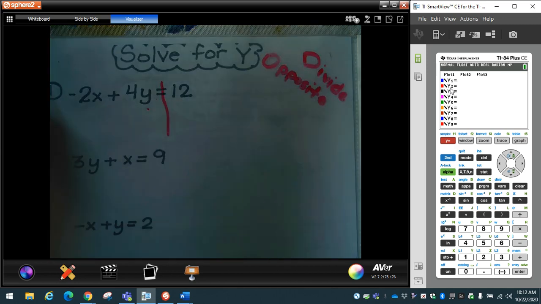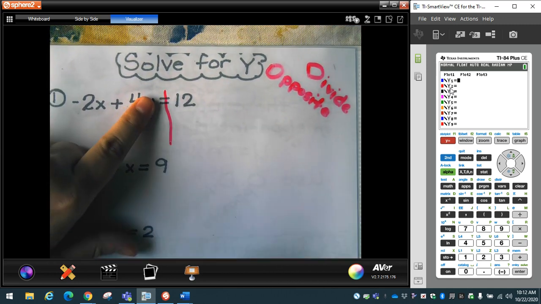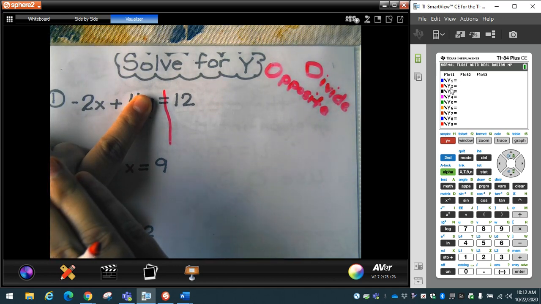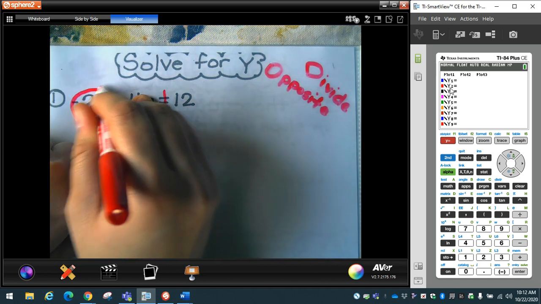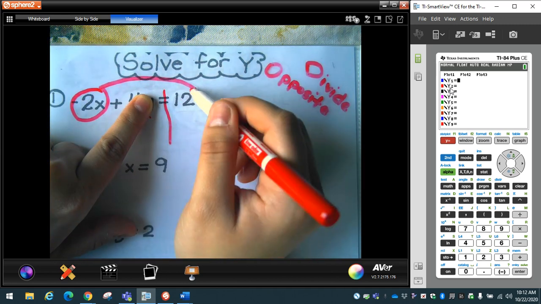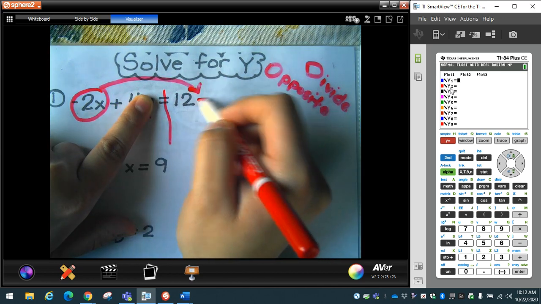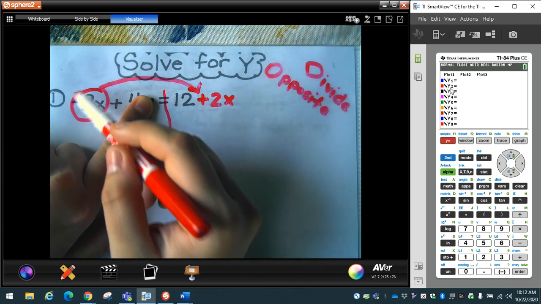Next, you're going to cover up the y. Whatever you still have on the left side, you're going to circle it and then bring it over and do the opposite. The opposite of negative 2x would be plus 2x. Now that we brought it over, we can just scratch it out.